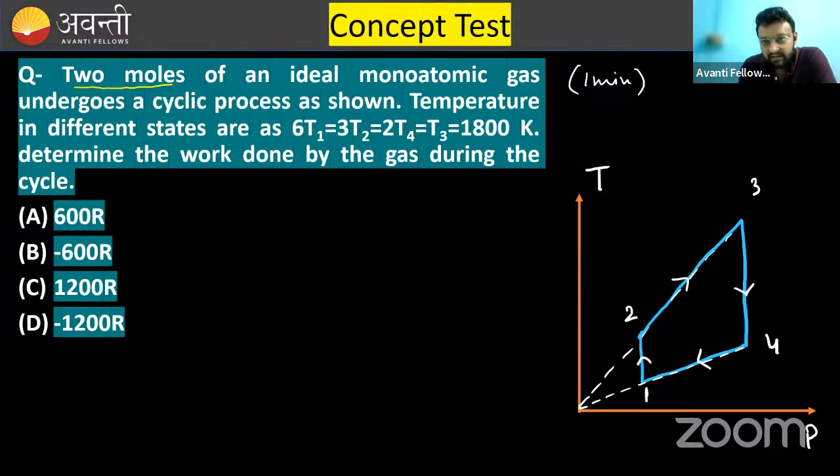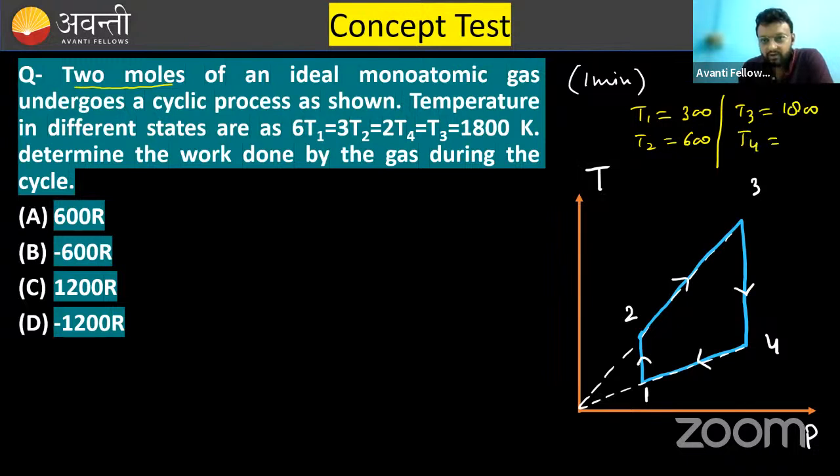You can say that T1 is what? 6 T1 is 1800, so T1 is 300. T2 is 600. T3 is 1800.